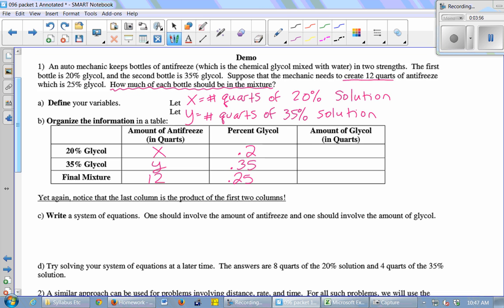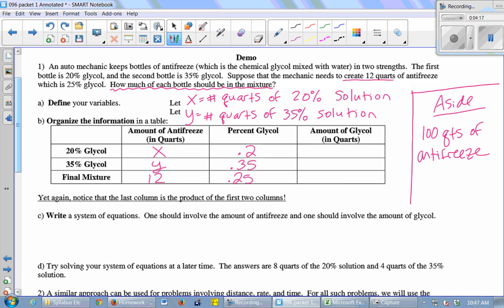Okay. Antifreeze, remember, is made up of some glycol and some water. It's a solution of glycol and water. So, a little aside over here, if I had 100 quarts of antifreeze that's 20% glycol, how much of that 100 quarts is pure glycol? 20 quarts.